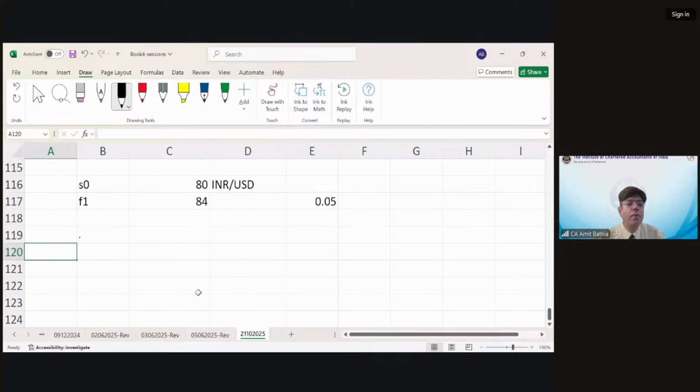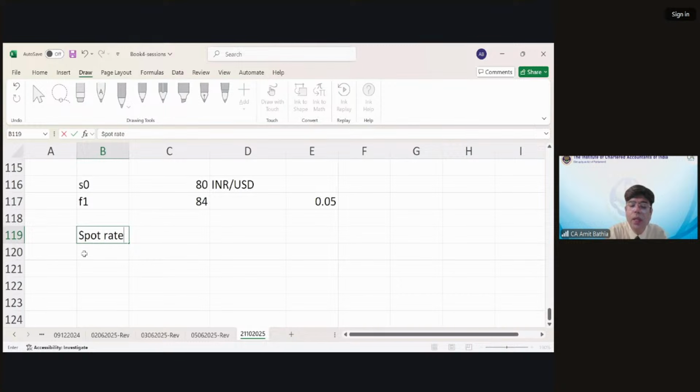So, for example, I have information given to me that the spot rate, let's say, is 80 rupees. Again, I am talking INR to USD.